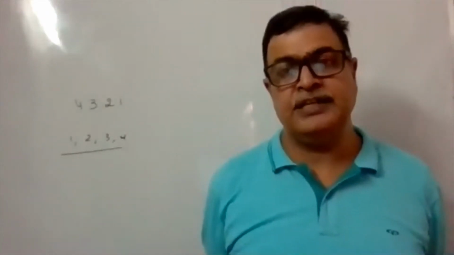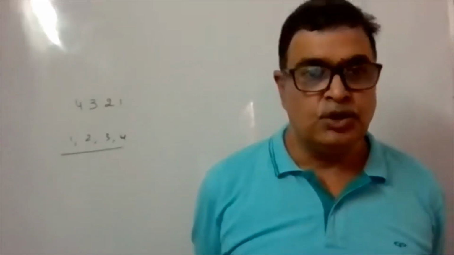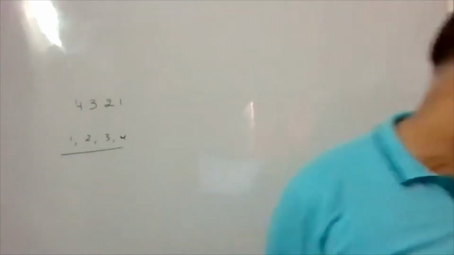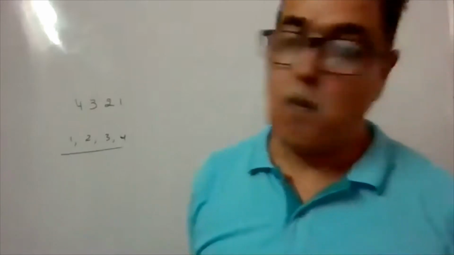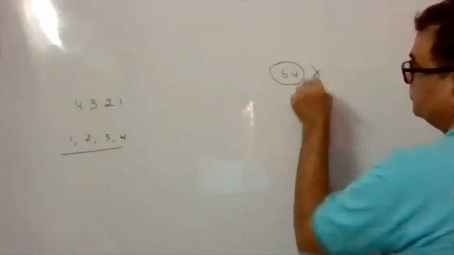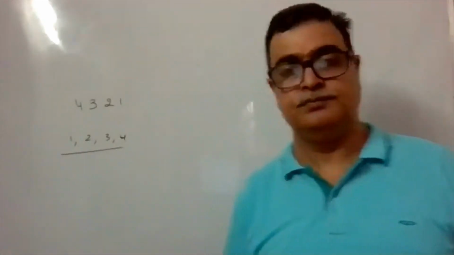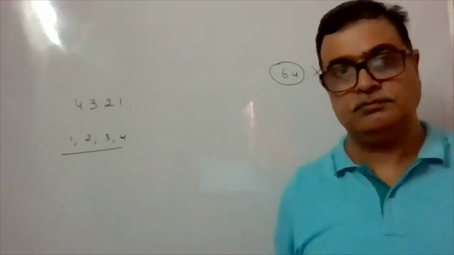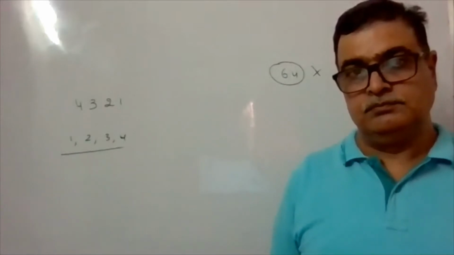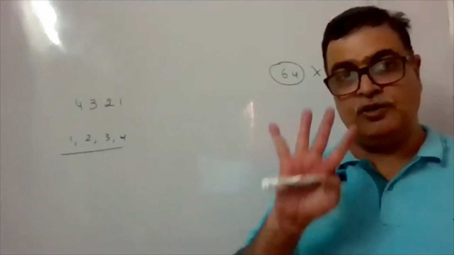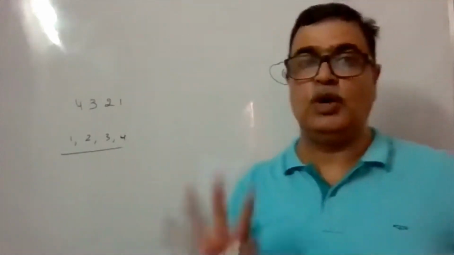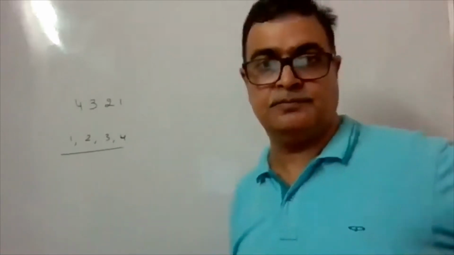No number should exceed 4,321, formed by the digits 1, 2, 3, 4. 64 cases. 64 is the answer, no. The number should be of 4 digits, should not exceed 4,321. That is my question.